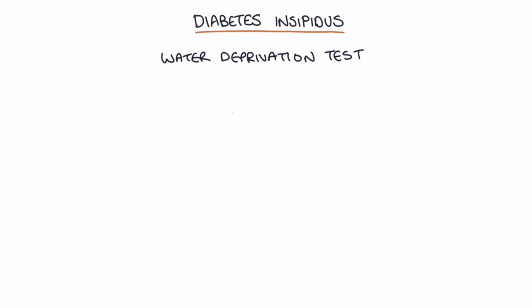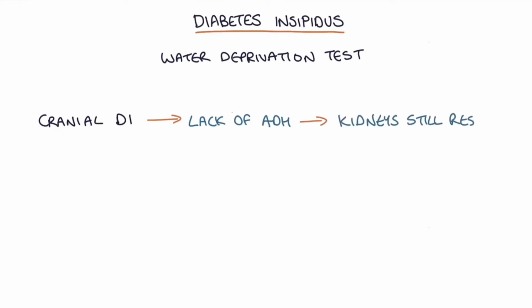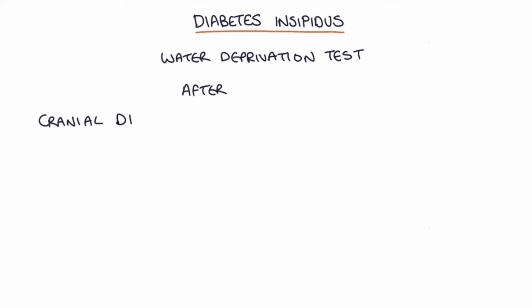So how do you interpret the results? Well, in cranial diabetes insipidus, the patient lacks ADH, so the kidneys are still able to respond to ADH. So initially, after that first 8-hour period of water deprivation, the urine osmolality will still be low, as it continues to be diluted by the excessive water secretion by the kidneys.